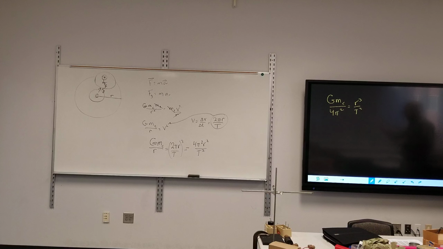So for all the things orbiting the same central object, the orbital radius cubed divided by how long it takes to go around squared should be constant.